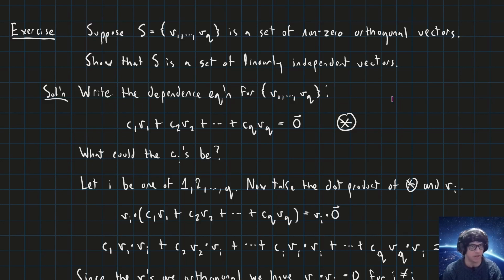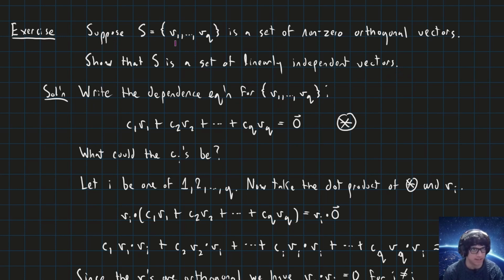So we've talked about how linear independence and orthogonality are good properties for a set of vectors to have. So this exercise will explore the relationship between orthogonality and independence. Okay?